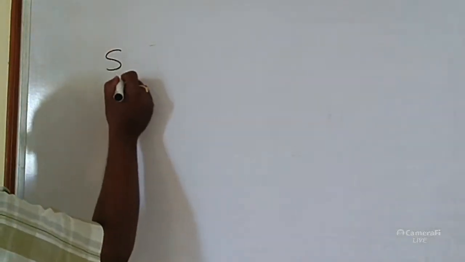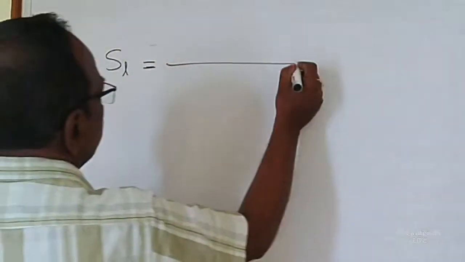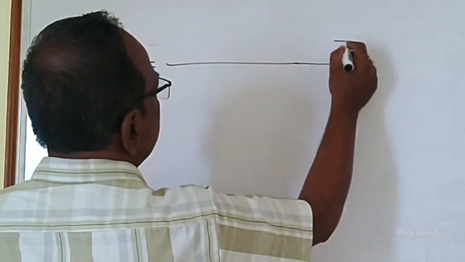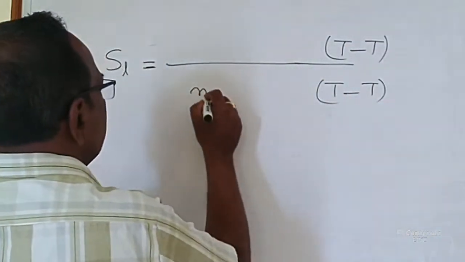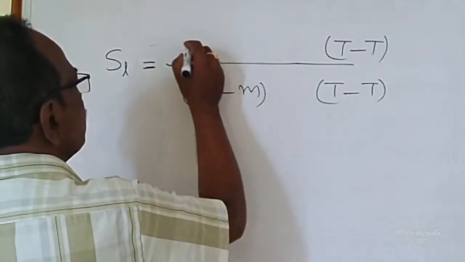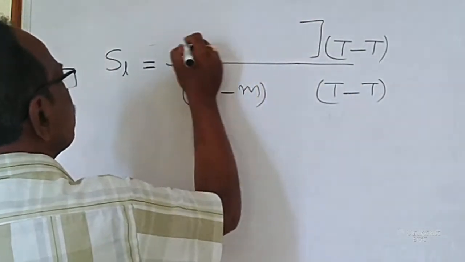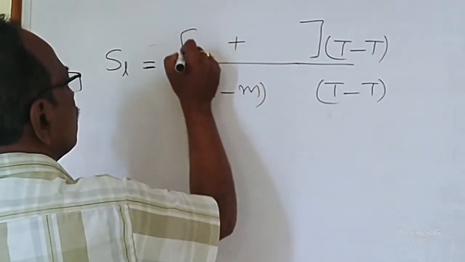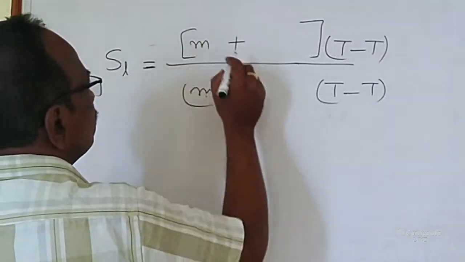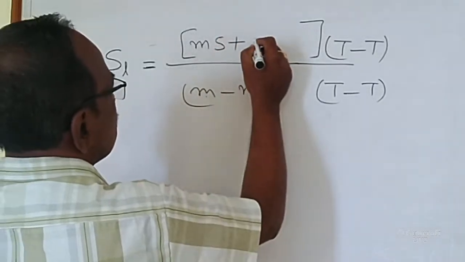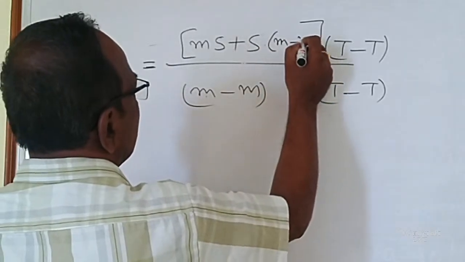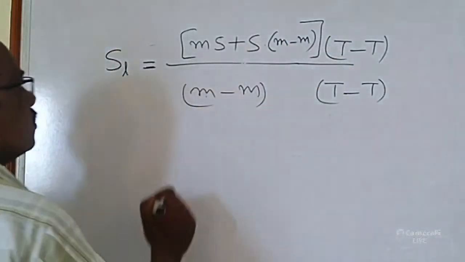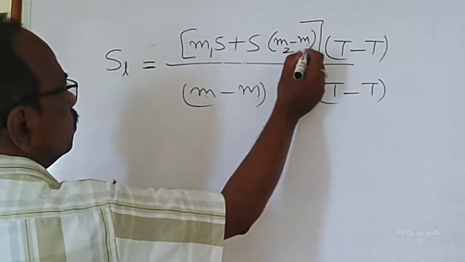So first of all, before going to this one, specific heat of lead shard formula, S_L equal to T minus T. Here also T minus T. Here M minus M. So here also M S. So M into S into M minus M. So this one 1, 2, 1.